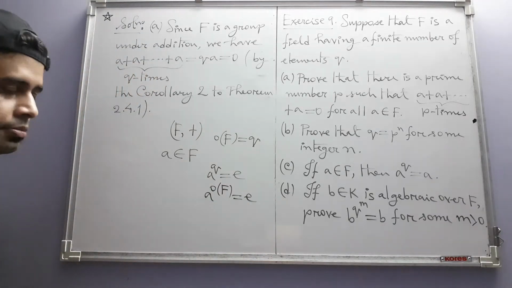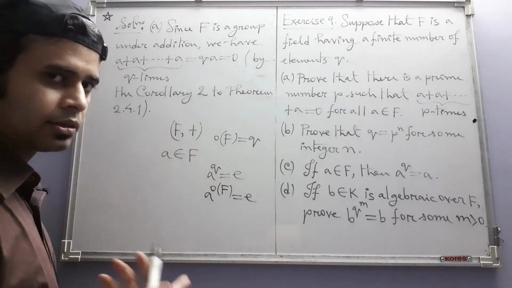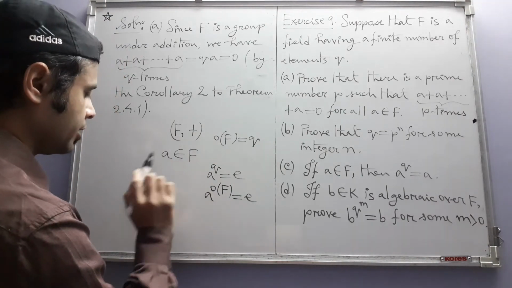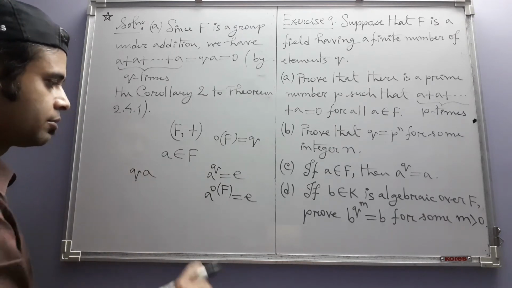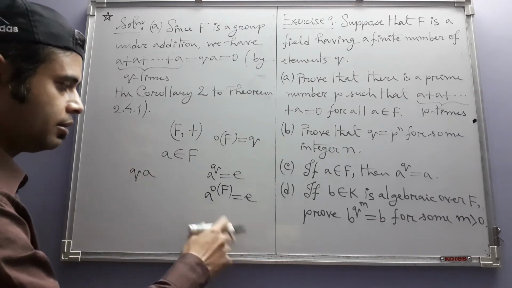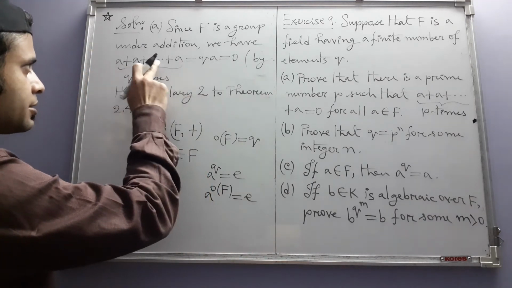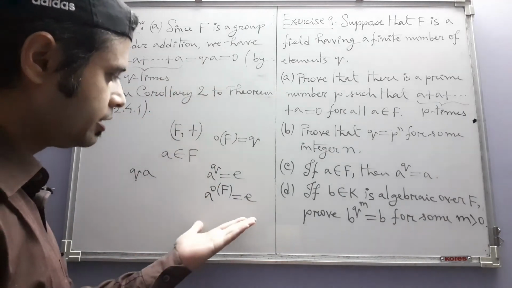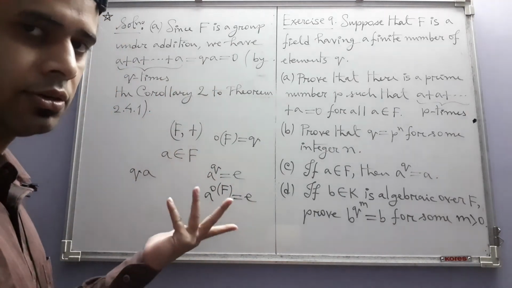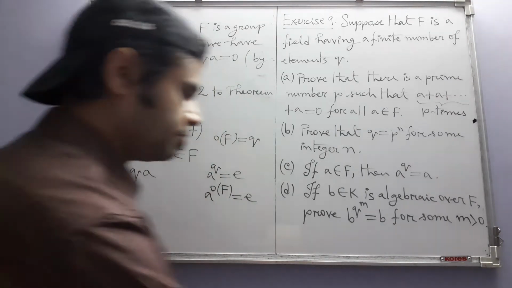Now, since we are in an abelian group and our operation is addition, a to the power q is written as qa, which is a plus a, q times, and the identity element here is 0, the 0 element in the field, so this is equal to 0.